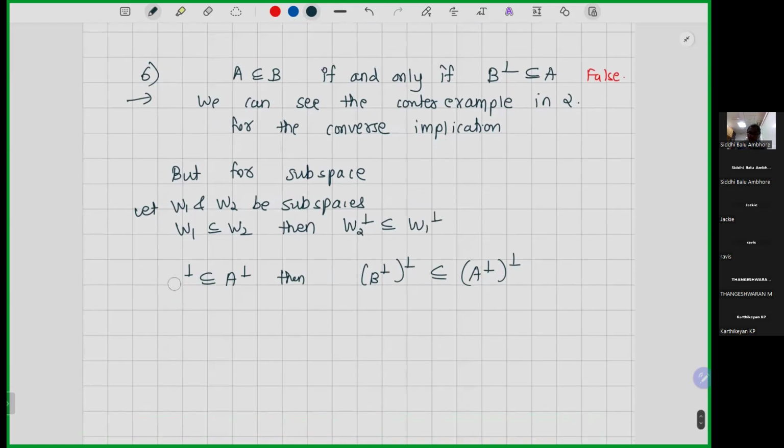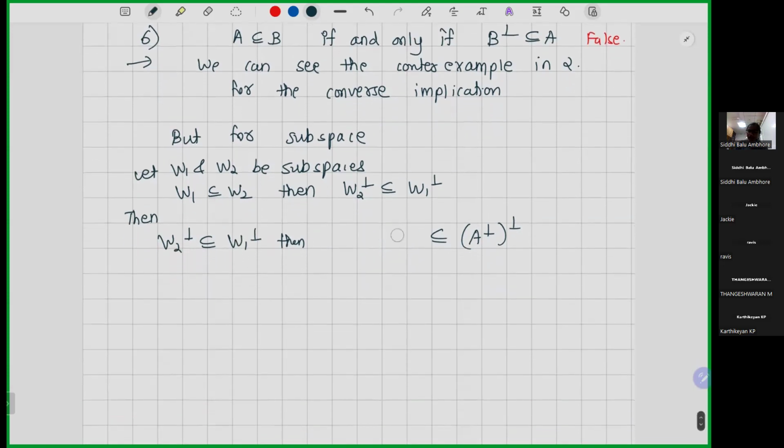And now I work with this W2 perp, then W2 perp is contained in W1 perp is what we have. Then again we get this reverse inclusion, that W1 perp perp is contained in W2 perp perp.